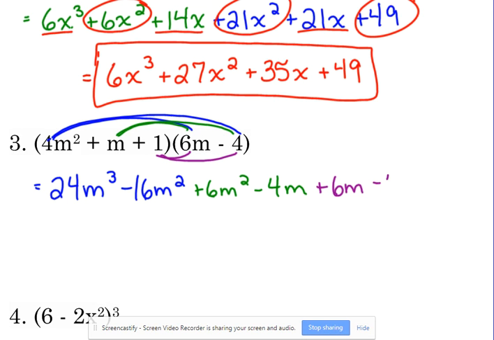Plus 6m minus 4. If you did it the other way, you should be getting the same answer that I'm getting right now. Just notice, my like terms are kind of paired up. That's kind of neat. So I've got 24m cubed minus 10m squared plus 2m minus 4.